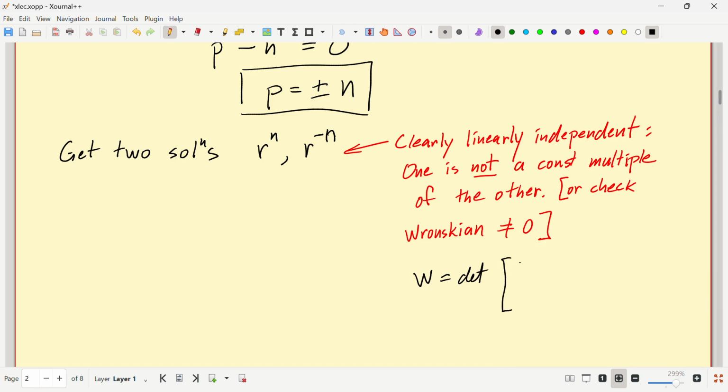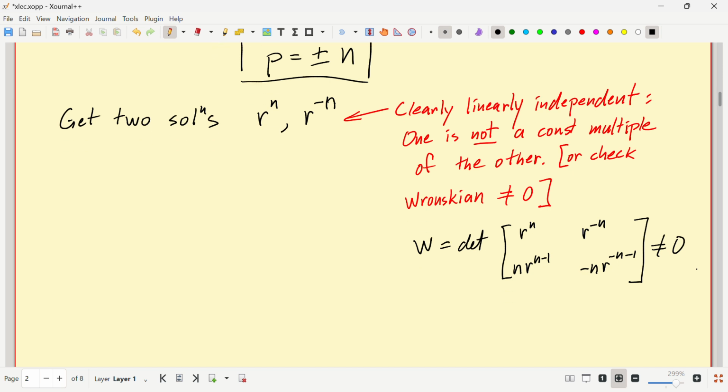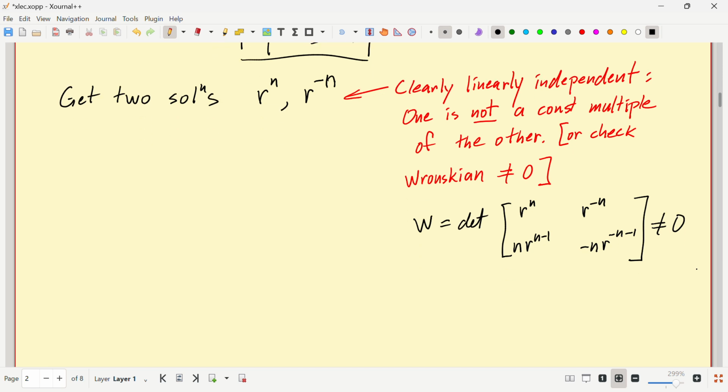You put the functions in the top row, and you put their derivatives in the bottom row: n r to the n minus 1, minus n r to the minus n minus 1. And sure enough, you calculate that, and it's not 0. Something bad happens at the origin, but we don't care about the origin. But now I'm going to tell you we do care about the origin.